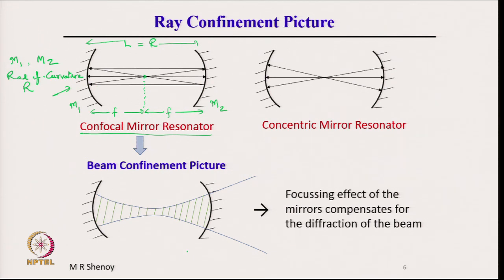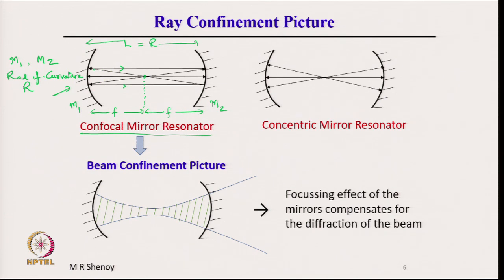For example, if a ray starts from here and goes parallel towards the other mirror, then any parallel ray which is incident on the spherical mirror, after reflection, will pass through the focal point, and any ray which comes from the focal point and is incident on the mirror will be rendered parallel.